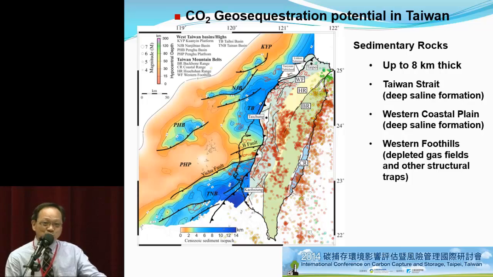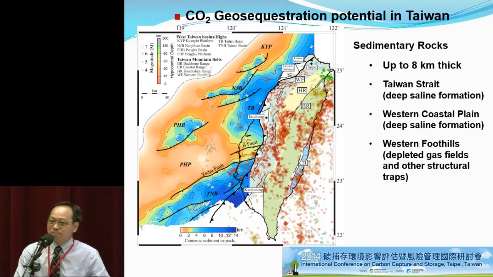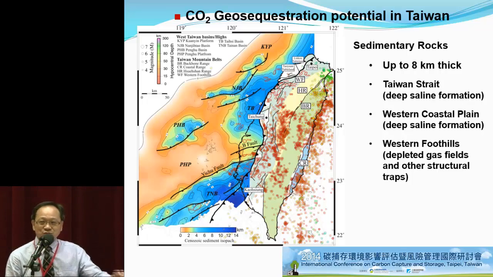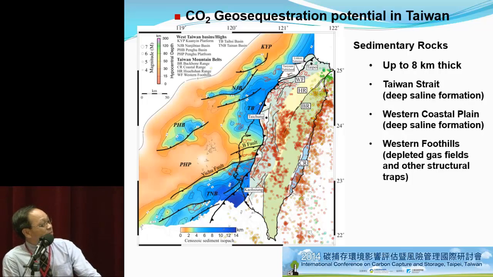According to Professor Wu's study, he's an expert in earthquake study, he mentioned in a publication that in Taiwan, each day we will have 2 magnitude 3 earthquakes. And every 2 days, we will have a magnitude 3.5 earthquake. So that means we have a lot of earthquakes. But magnitude 3 is too small to be felt by most people.